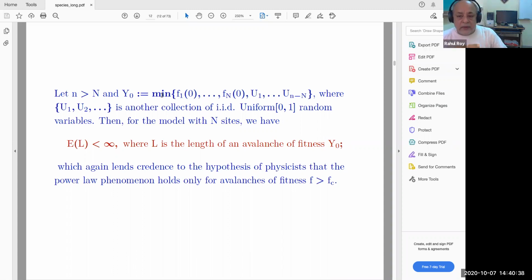Now we look at the length of the avalanches with fitness y0 or less. In that case, the expectation of L is finite. So if I just add even one more extra uniform random variable, then this entire Bak-Sneppen model just collapses, in the sense that the length of the avalanche is no longer a power law.